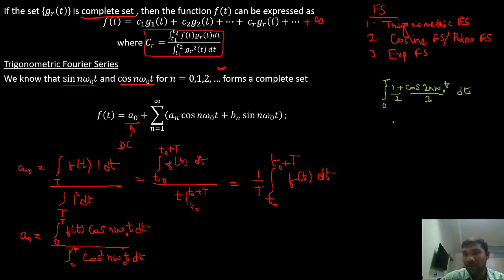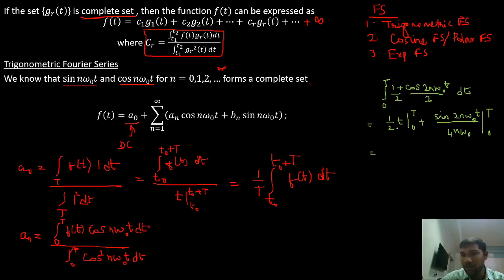Integral of 1 by 2 dt is going to be 1 by 2 t from 0 to T, plus integral of cos is sine 2n omega naught t by 2n omega naught, and I also have 1 by 2 here, so I can write that as 4n omega naught, from 0 to T.